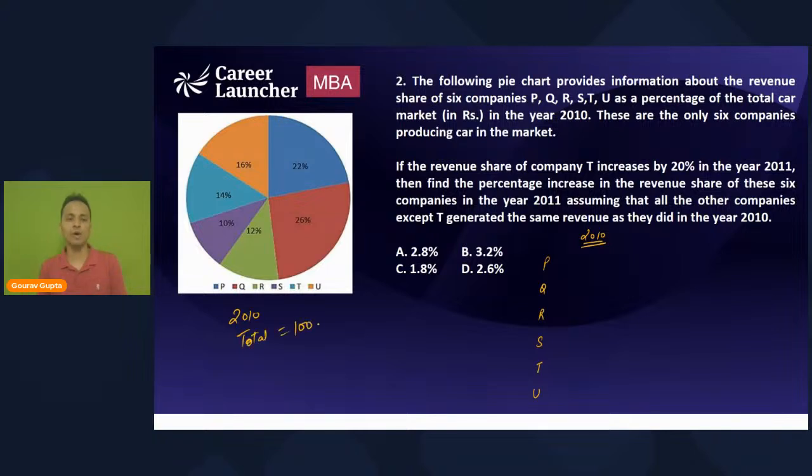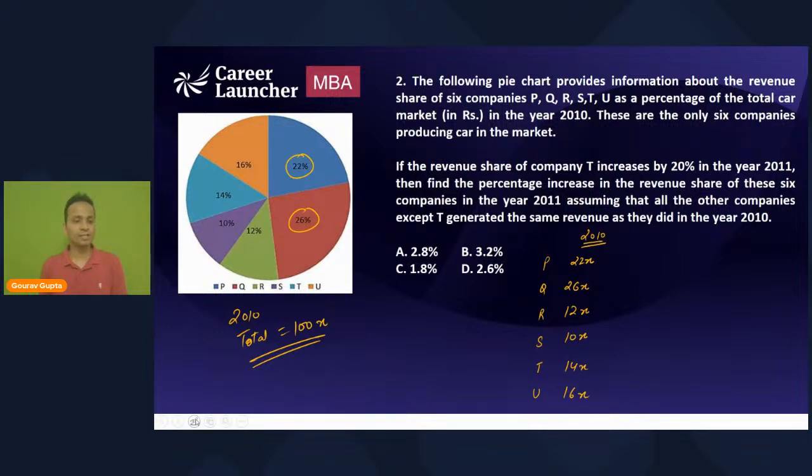I'll start with an assumption that in 2010 the total sales was 100x. Now P is 22%. So 22% of 100x is 22x. Q is 26%. So that is 26x. Similarly, R will become 12x. Then this is 10x, 14x, and 16x.